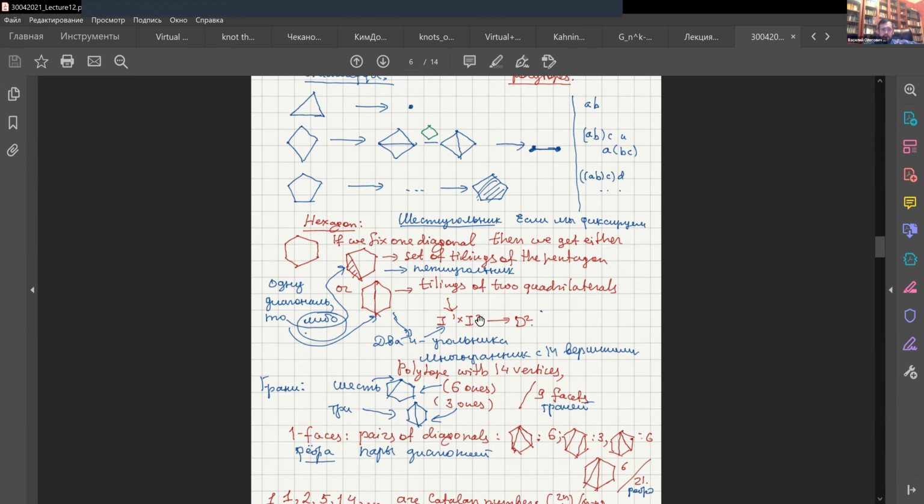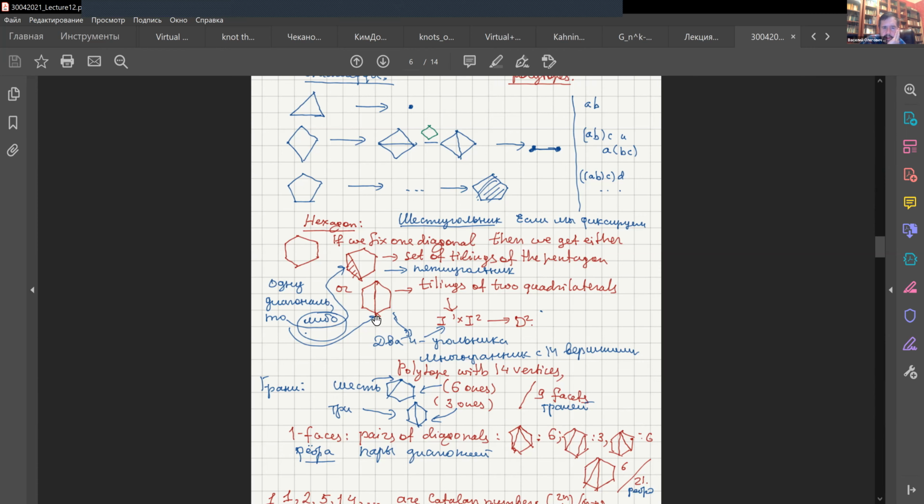Oh, excuse me, here I should have written I1 times I1. So John, please correct this, okay? So I1 times I1. If I'm interested in this coarse decomposition by this diagonal into 2 quadrilaterals, then I can find a triangulation for one of them and a triangulation for the other one.